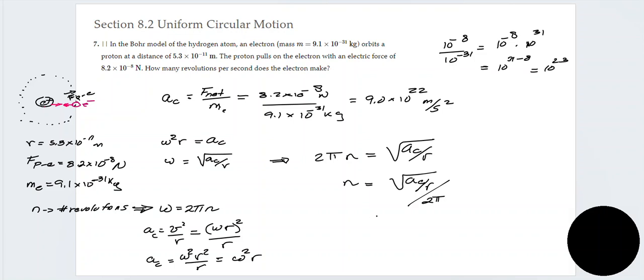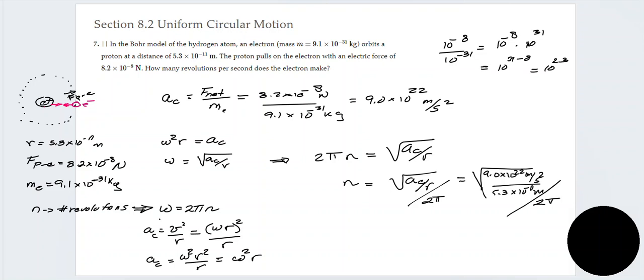Right? So I can now do my calculations. I have the centripetal acceleration, which is 9.0 times 10 to the 22nd meters per second squared, divided by the radius, which is 5.3 times 10 to the negative 11 meters, and all divided by 2 pi, right?